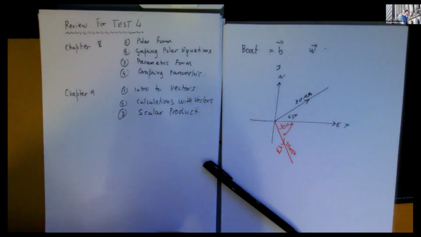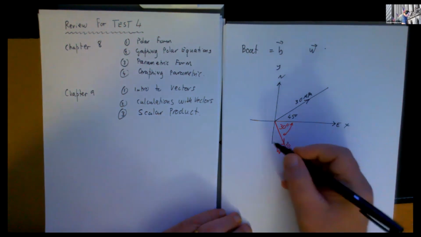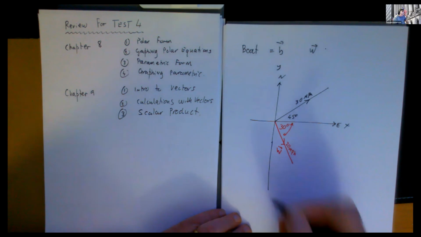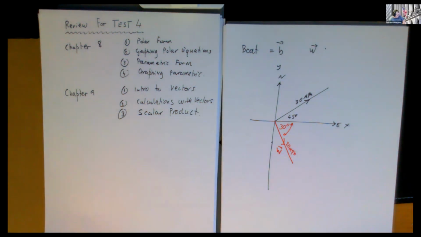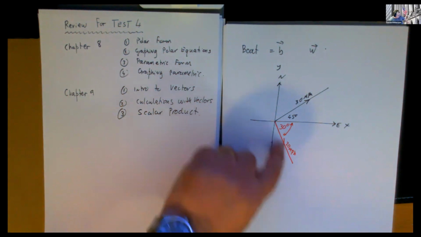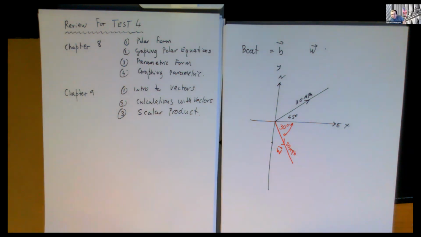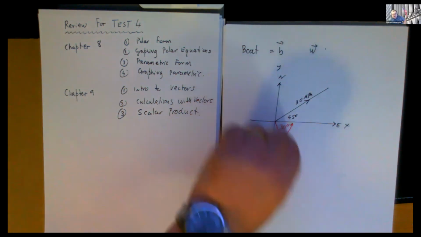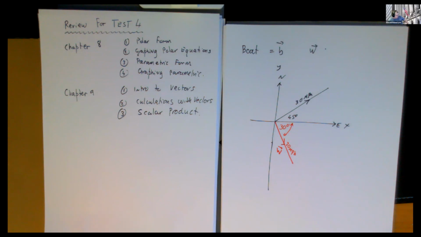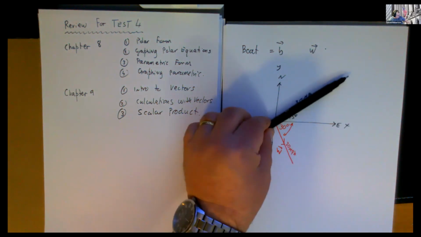So if you're on a sailboat and you can go 30 miles an hour, but you have got a wind vector that's blowing almost south, I mean, that is almost south, right? With 20 miles an hour. It is definitely going to affect that boat. Can you imagine what's going to happen is that the boat's going to be sailing closer to east.